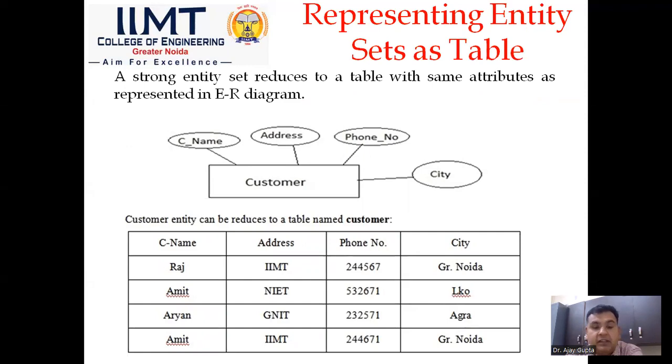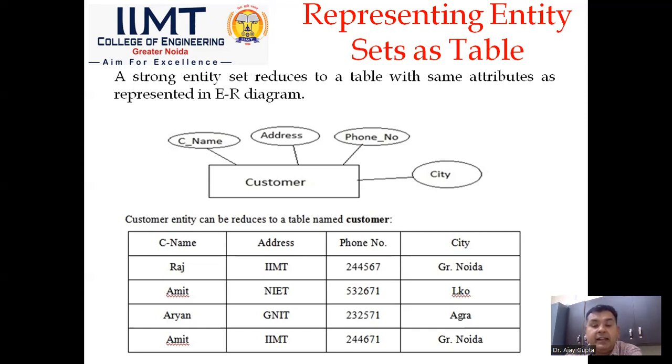When we convert it into a table, the table name is the same as the entity set name. Here the entity set name is customer, so the table name is also customer. And the column names are the attribute names. The first column name is CNAME, second is address, third is phone number, and fourth one is city.